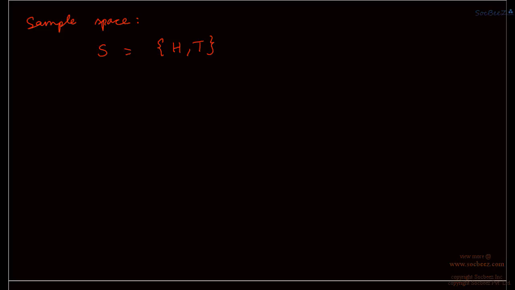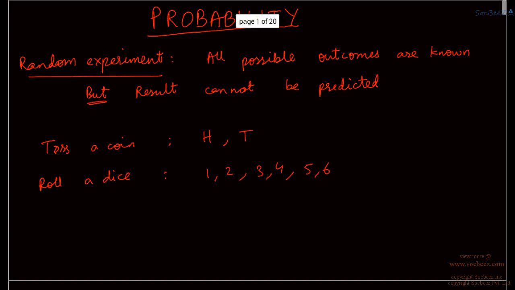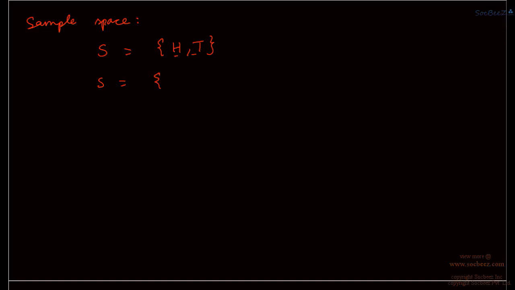This is how you write the set of all possible outcomes. This is one outcome, this is the second outcome. Similarly, in the case of rolling a dice, these were the 6 possible outcomes, right? So we denote the sample space by writing it this way. So this is what a sample space is.